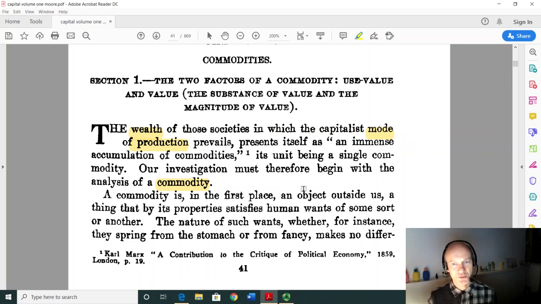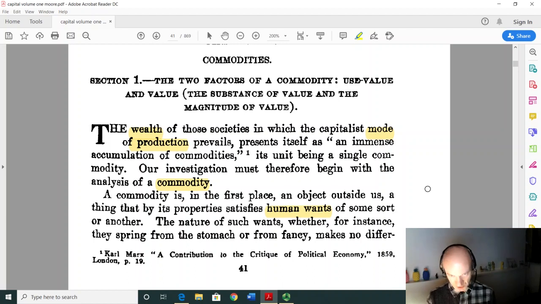So a commodity is in the first place an object outside us. That's interesting. So it's something that we face, or something that faces us, which is of course what the word object literally means. A thing that by its properties satisfies human wants. Obviously human wants would again be a key concept that we need to think about what it means, of some sort or another.